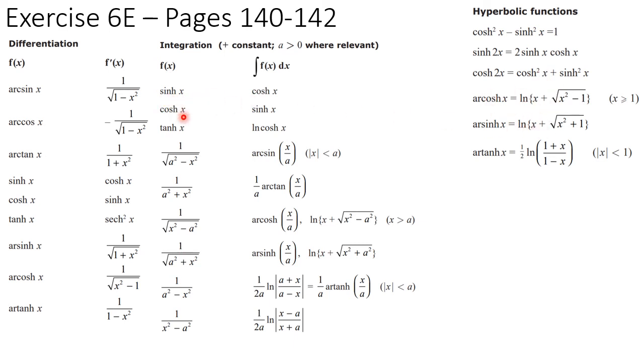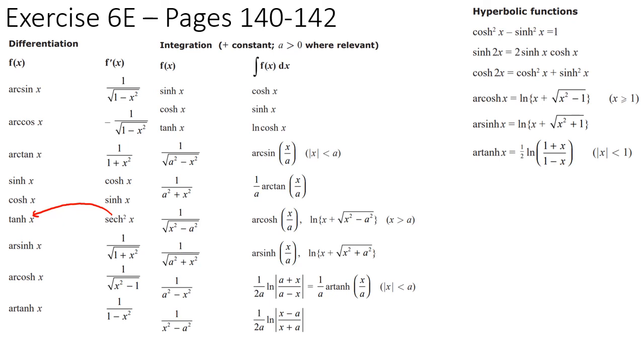So we've got our integrations here. Now the reason I've put the differentiation one is because if you are asked to integrate, let's say for example, sec squared, which is this one, you'll notice it's not in the table. But we can use this backwards. So you can integrate sec squared by using this table in reverse.